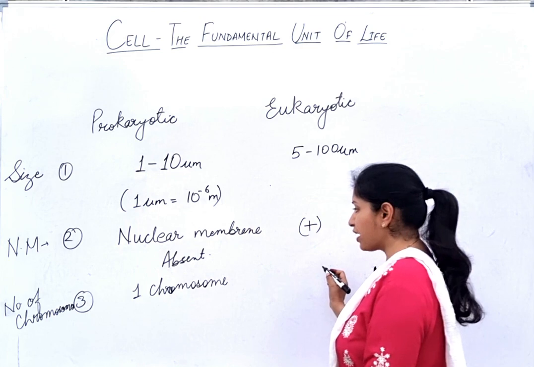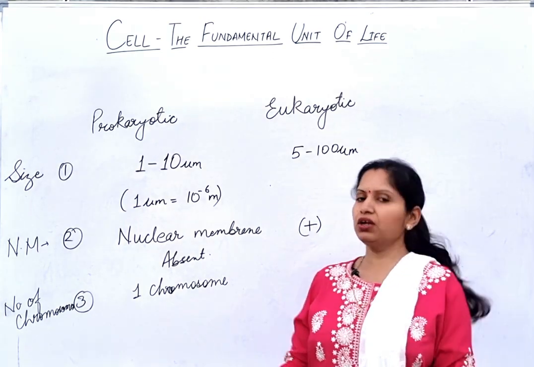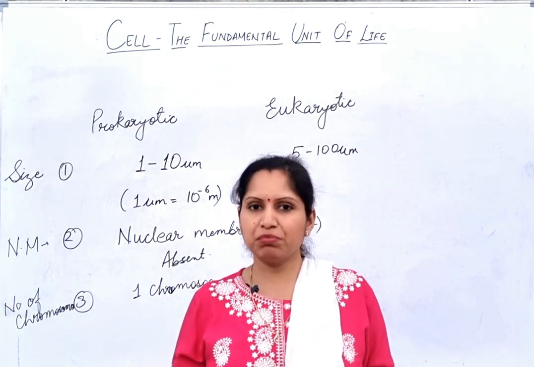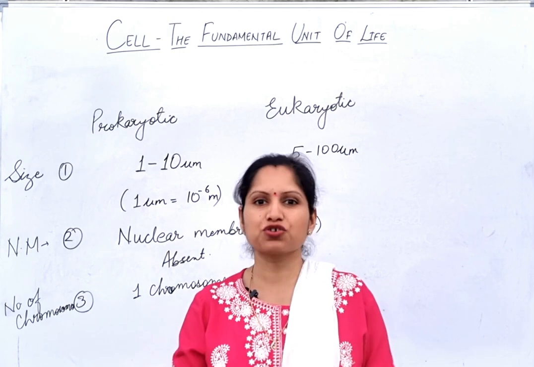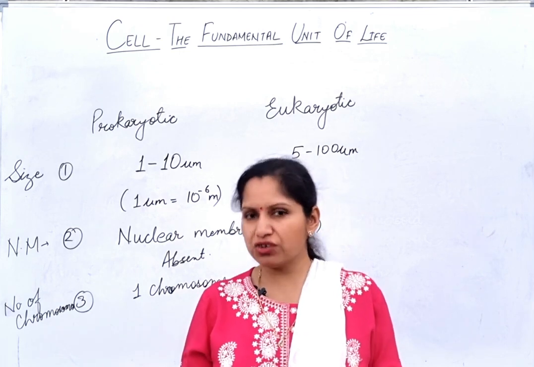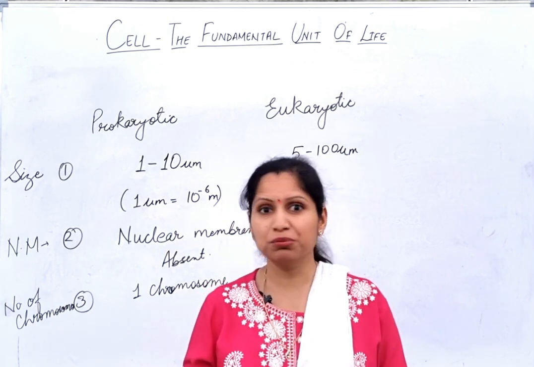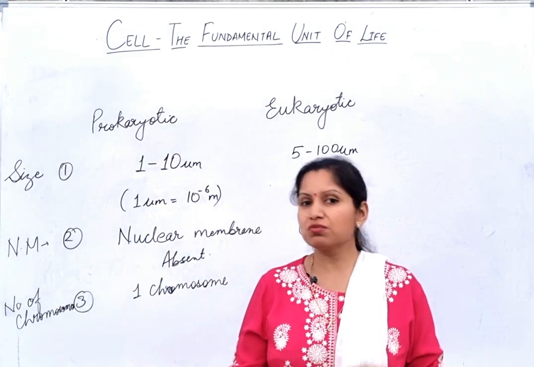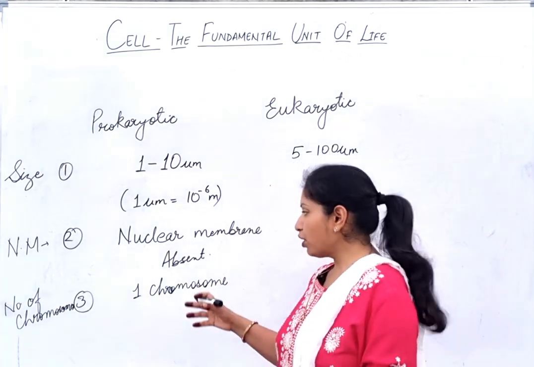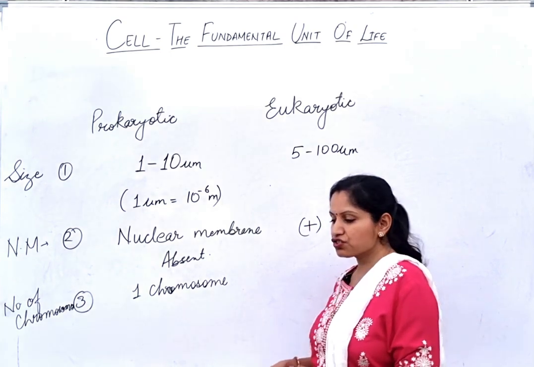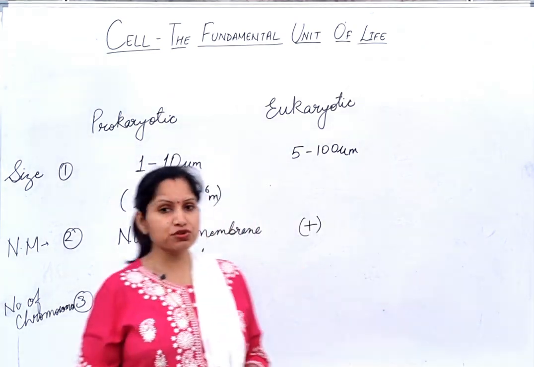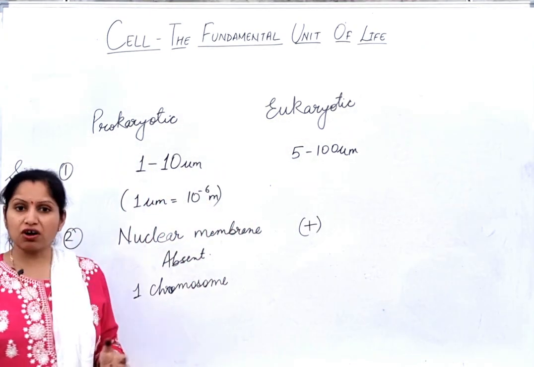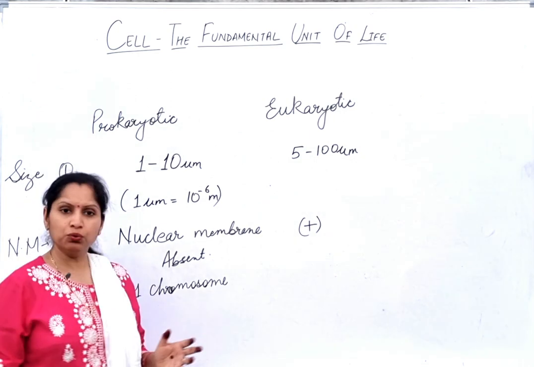And in case of eukaryotic organisms, many chromosomes are there. For example, in human beings, there are 46 chromosomes, 23 pairs of chromosomes. So it depends from species to species, but the number of chromosomes in prokaryotic is just one, and in eukaryotic organisms it is more than one.